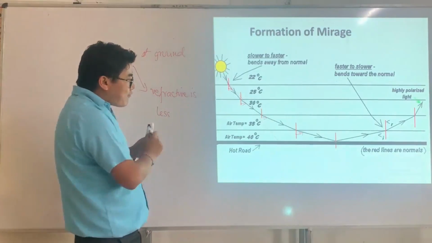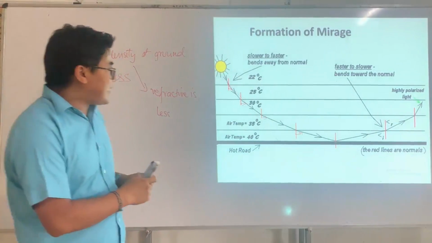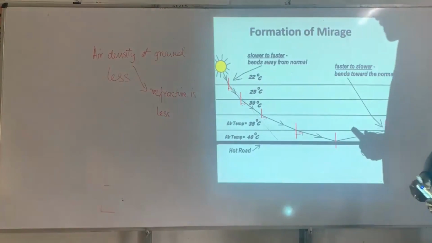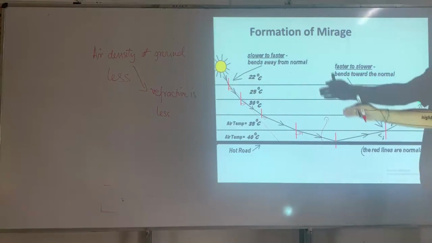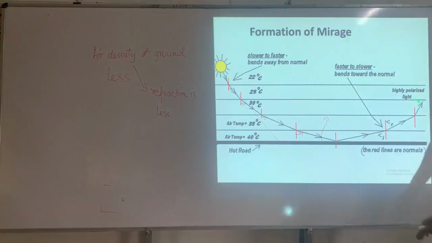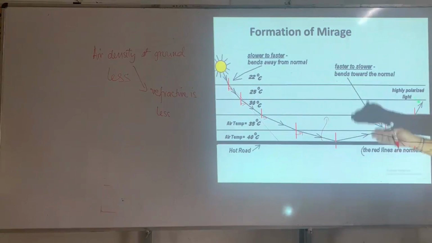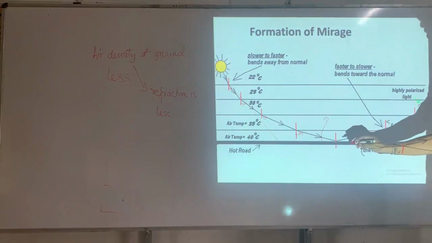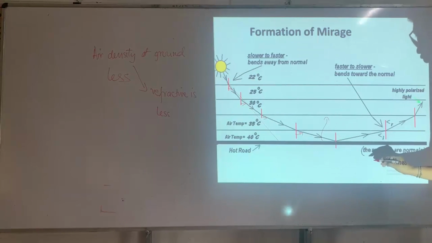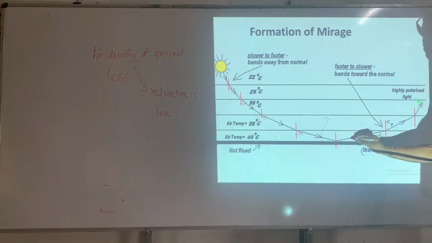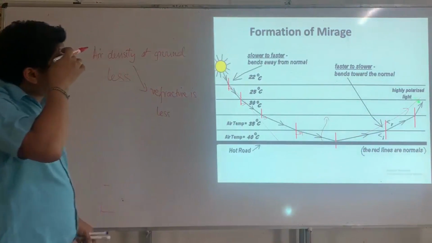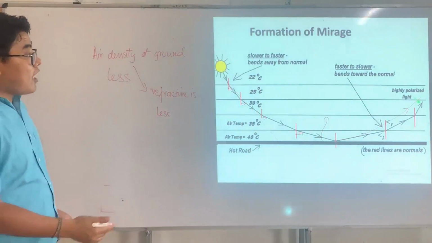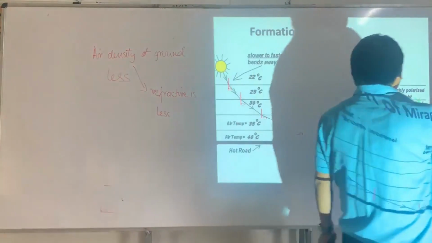It bends away from the normal such that at a certain point it satisfies total internal reflection. When light is incident near the ground such that the angle of incidence is more than the critical angle, then instead of just falling on the ground, it undergoes total internal reflection.